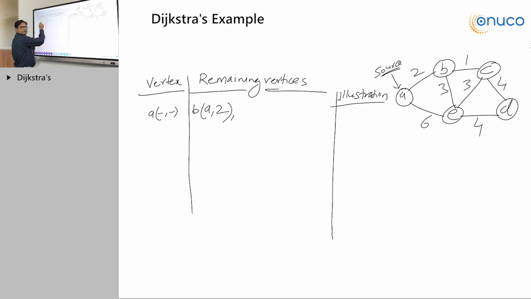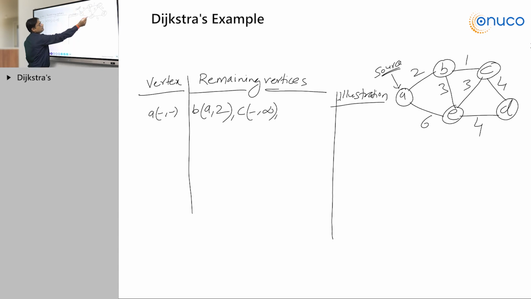A is the source. Now A to C: do you have a direct path from A to C? No, we don't. Hence we write C, dash, infinity, or C, A, comma infinity, that is also all right. A to C distance is infinity because you don't have a direct path.